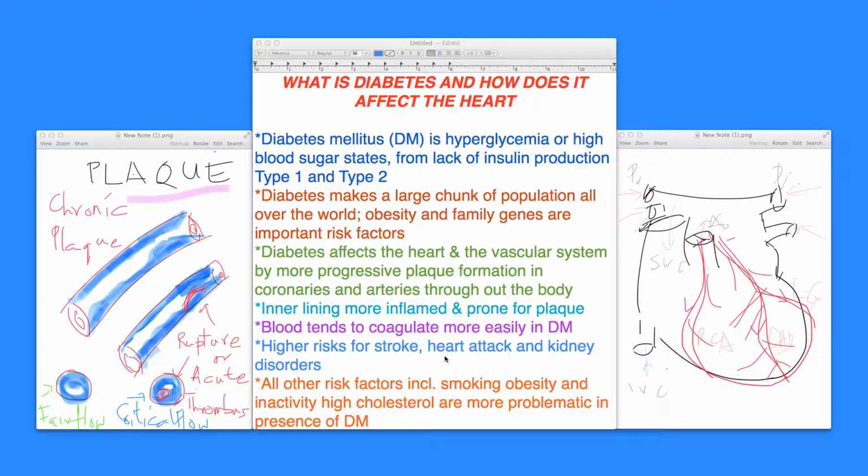All of these symptoms will be lessened or less prominent in a setting of diabetes. And the reason is that the nerves that go around the heart are also involved in a setting of diabetes. Plus, the patient does not feel these symptoms that prominently. So many times it's even called a silent heart attack.